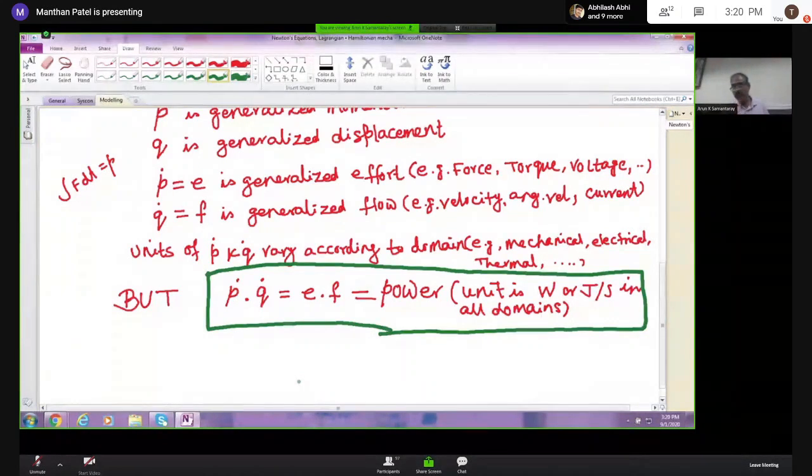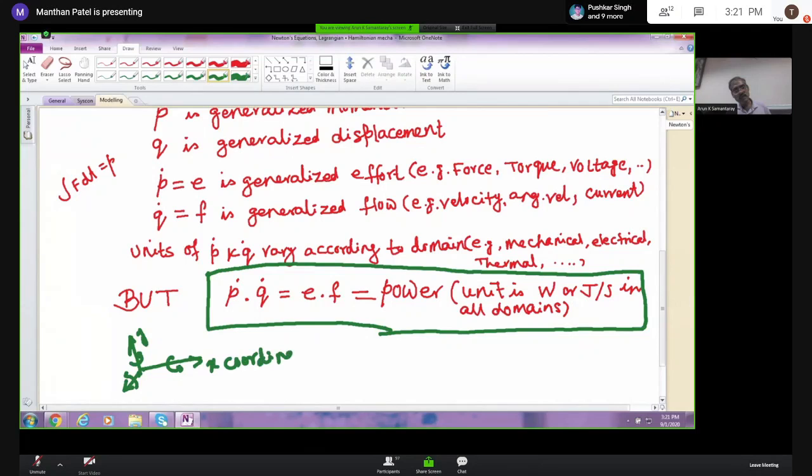Likewise, if you look at different systems, they have different kinds of units and different kinds of coordinate systems. In mechanical systems, we put coordinate systems X, Y, Z. This is our mechanical coordinate system. In the electrical domain, what is our coordinate system?